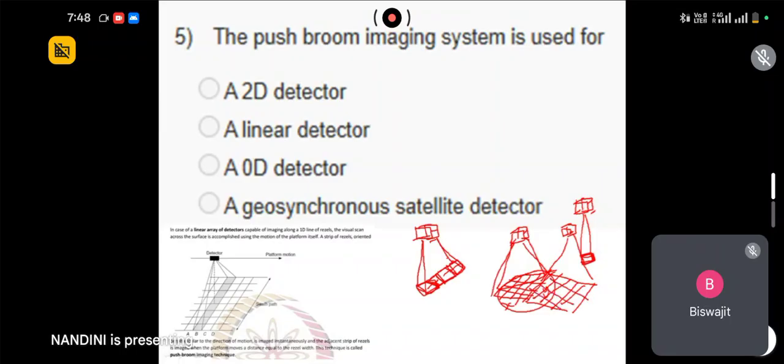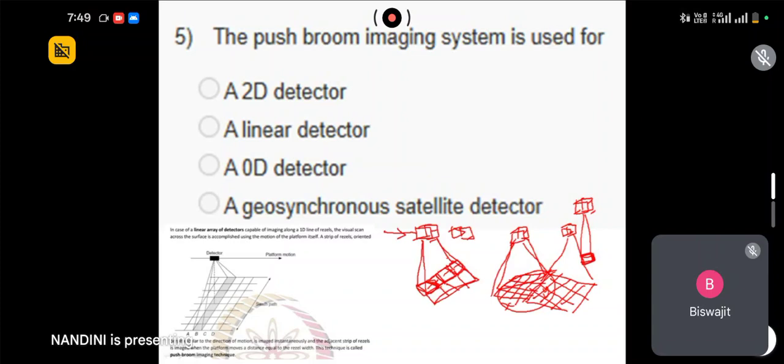So this is how a 2D detector works. And in case of a linear detector, the sensor itself moves. Once it measures the data over this region, the sensor moves to this region and then measures the next line. This is basically known as push broom imaging system.